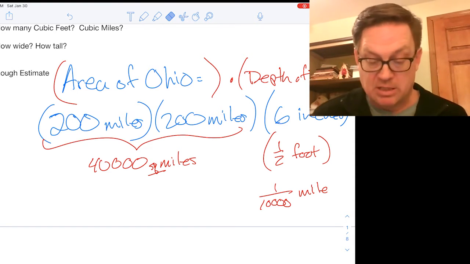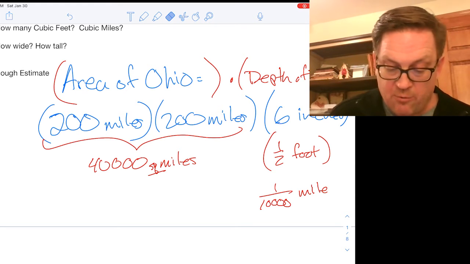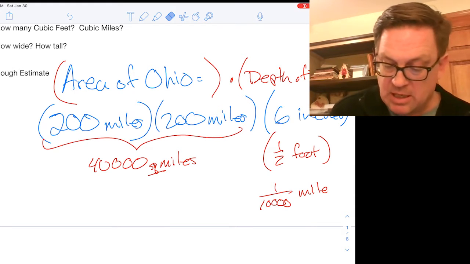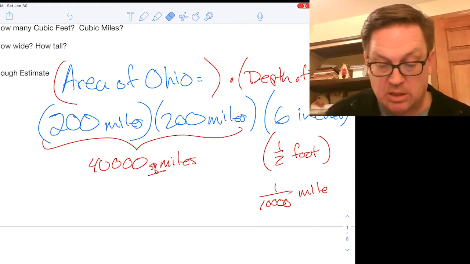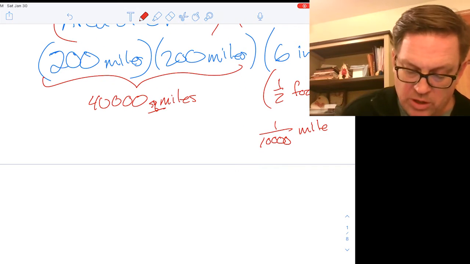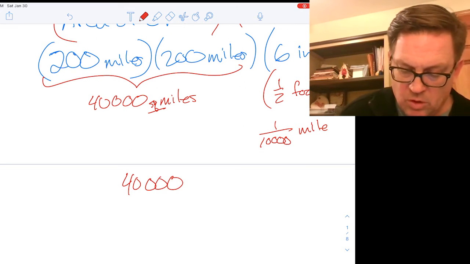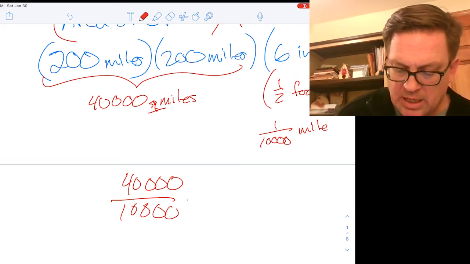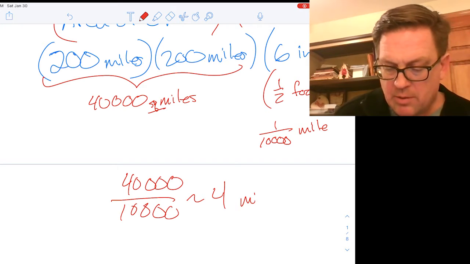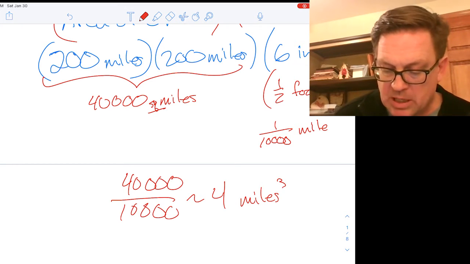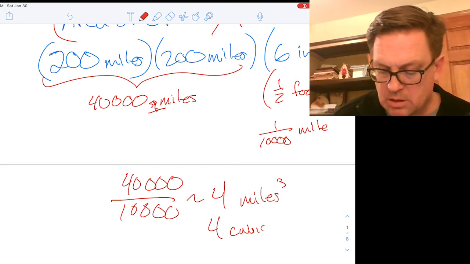So half a foot is a 10,000th of a mile. What's 40,000 times one 10,000th? 40,000 over 10,000 is about 4 miles cubed. Cubic miles, 4 cubic miles.